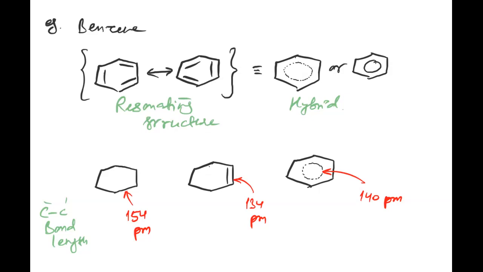Now, apart from benzene, another example of resonance and resonance hybrid structure is ozone, O3. One of the resonating structures of ozone has this oxygen with a positive charge, this oxygen with a negative charge and lone pairs, and one lone pair present on this oxygen atom.